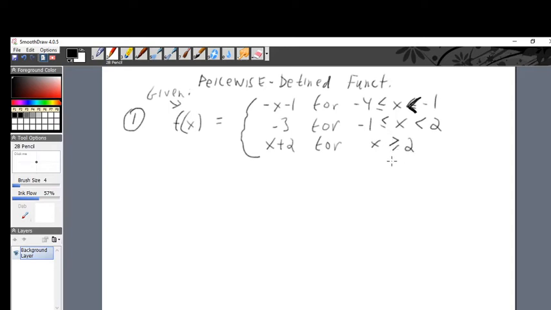All right, so let me show you 3 questions. Here's question A. We want to know, what is f of negative 3? These are the questions.